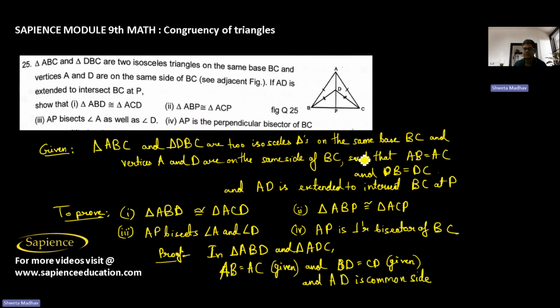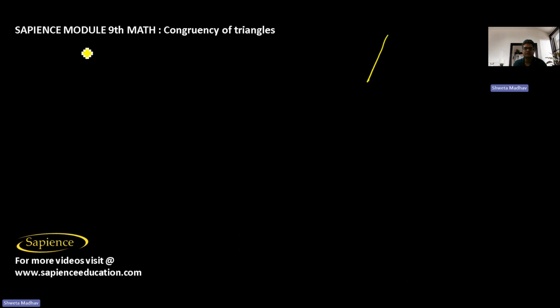So hence I can say that these two triangles are congruent by side, since all the three sides are equal. So by SSS rule of congruency, these two triangles are congruent. So therefore, triangle ABD is congruent to triangle ACD.